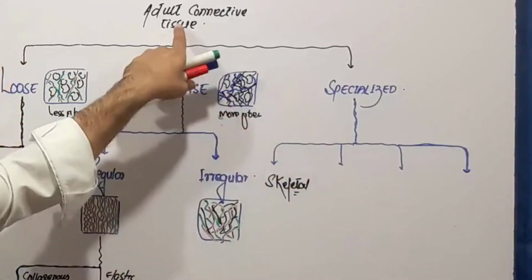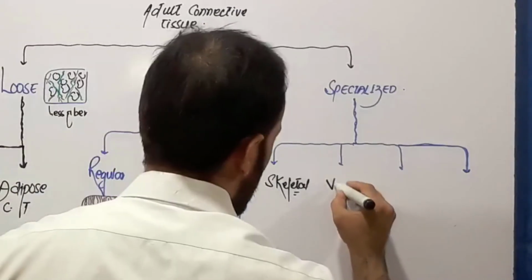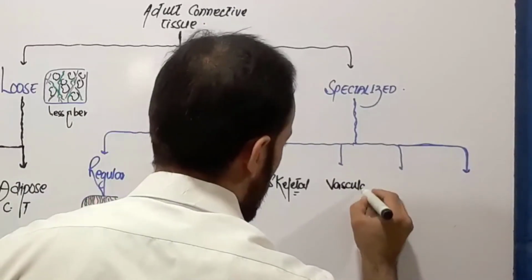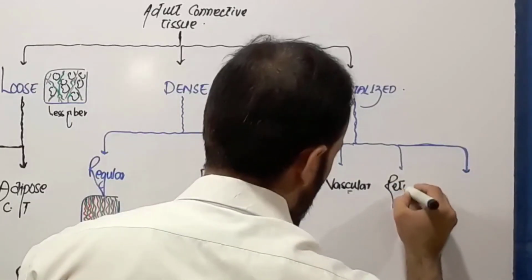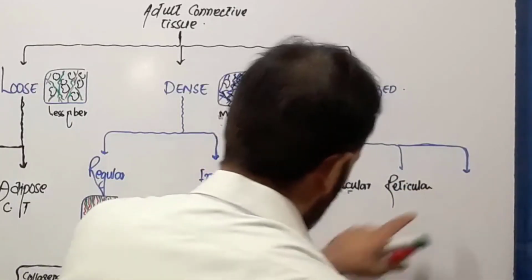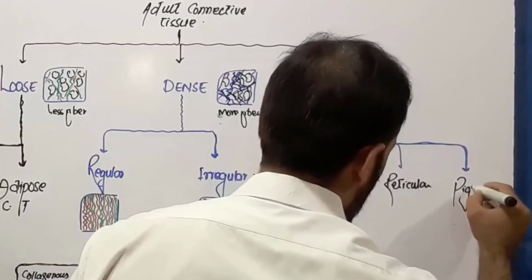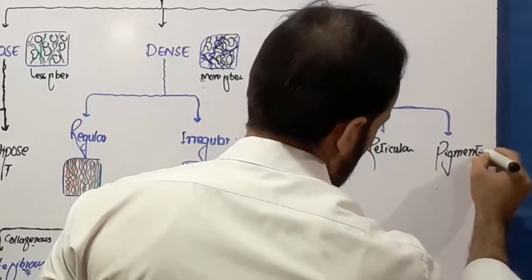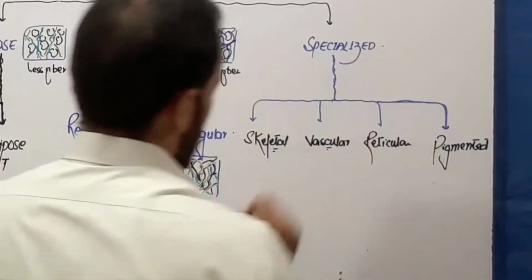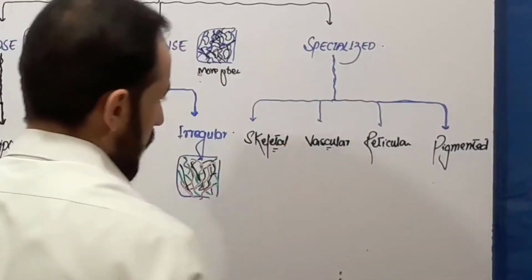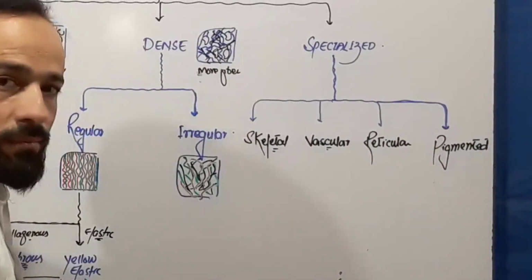Adult specialized connective tissue may be the skeletal, they may be the vascular. I will give examples of each. They may be reticular, and they may also be pigmented. Look carefully. Specialized connective tissue in our body is divided into skeletal, vascular, reticular and pigmented.